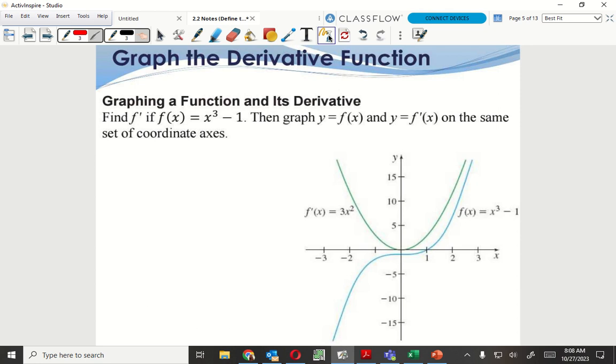Negative. Let's look. Is the slope here going to be negative? No. Is the slope over here going to be negative? Is the slope over here? Right there? No, because these are all my tangents. I just can't draw a line very well. So, all these slopes of my function are positive, aren't they?